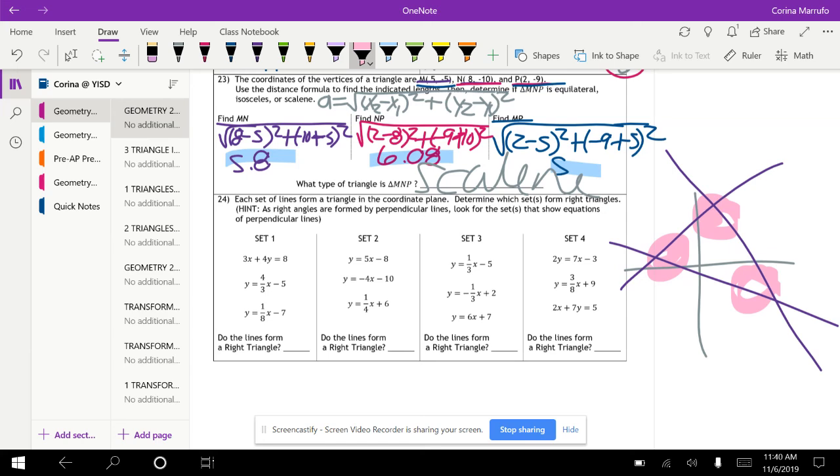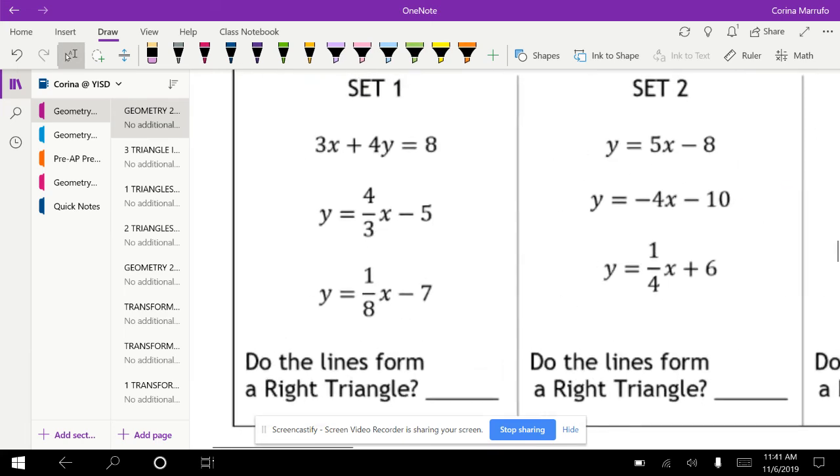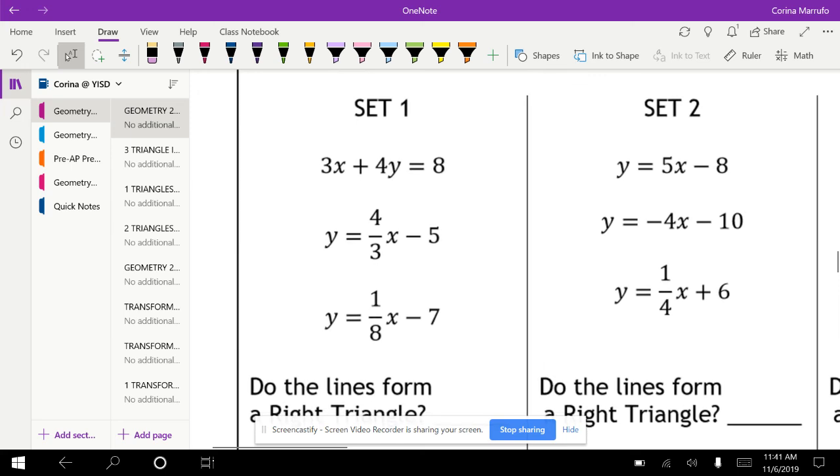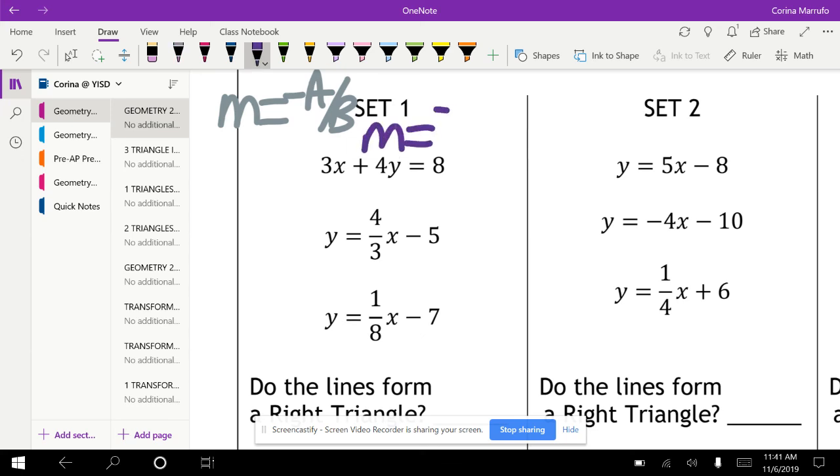So the way that we can tell is by looking at the slopes, okay? The first one is in standard form, so we're going to have to use m equals negative a over b. So in this case, our a is 3 and our b is 4. So our slope for this one is going to be negative 3 over 4.